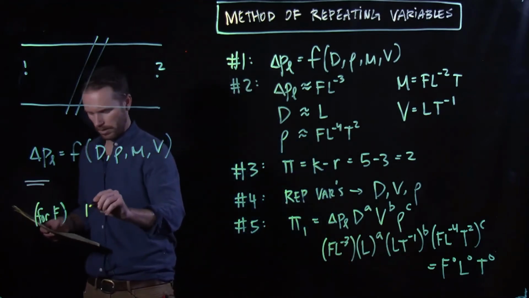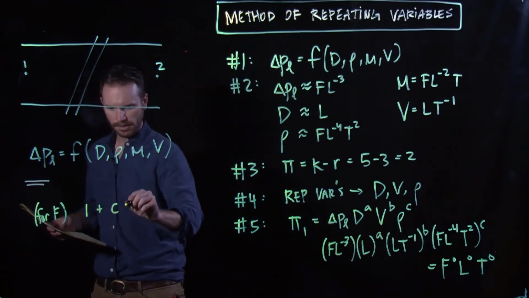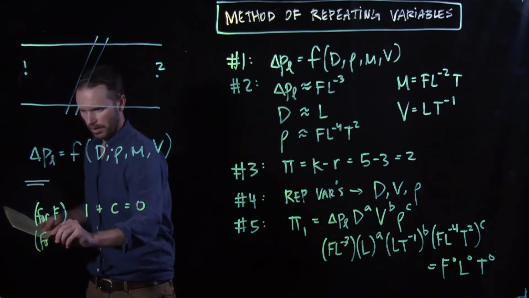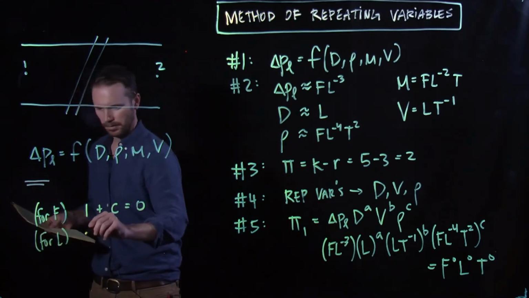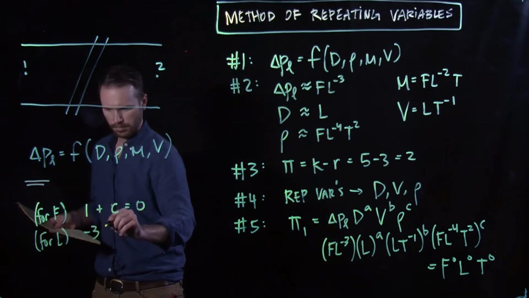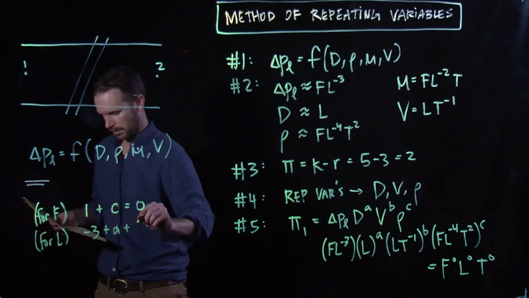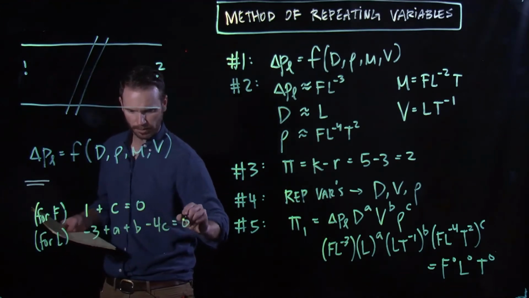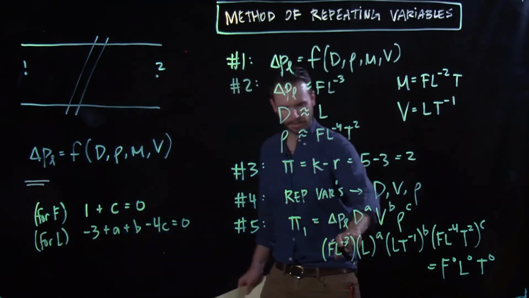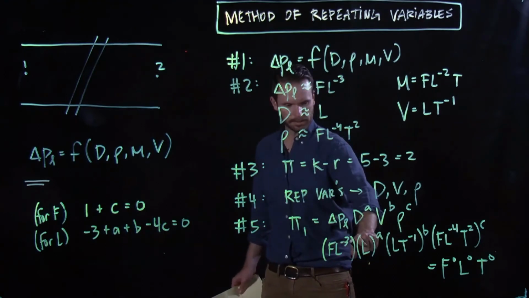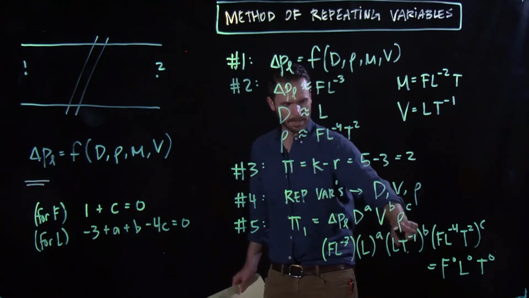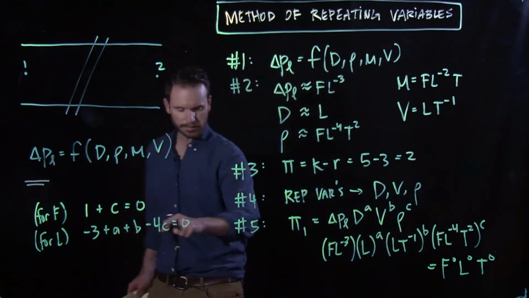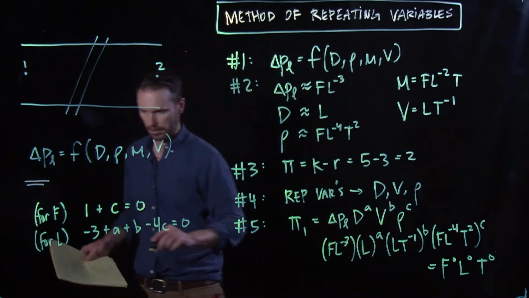So I've got 1 plus C is equal to 0. For the length scale, where does it appear? -3 plus A plus B minus 4C equals 0. Again, for the length, I've got -3 plus A plus B, and then length is to the negative, so -4C. These all have to sum up to be 0 in order for it to be dimensionless.